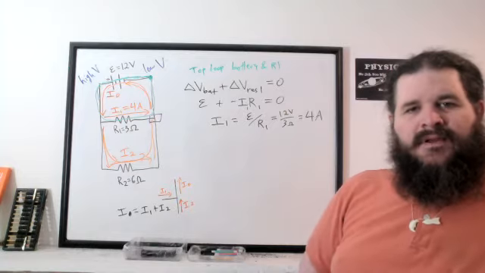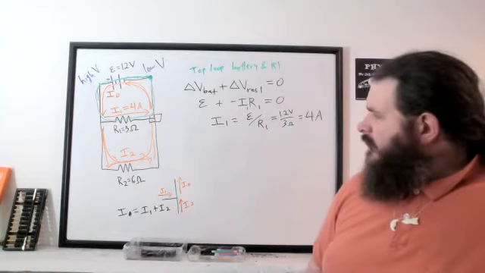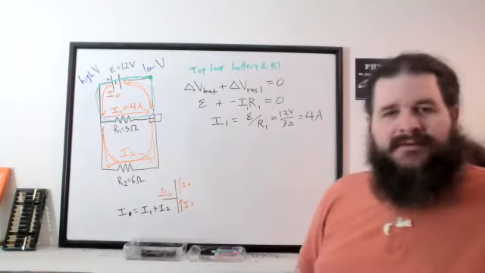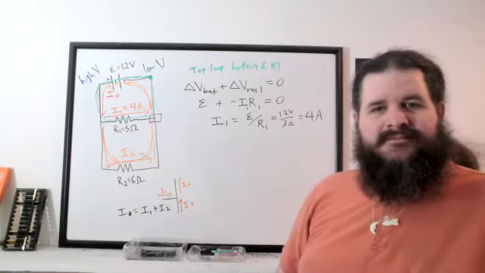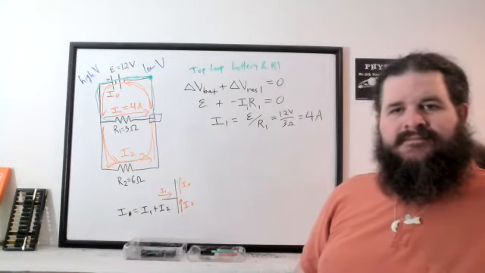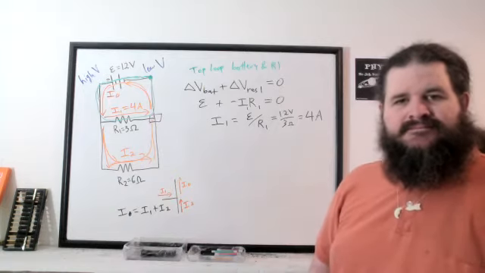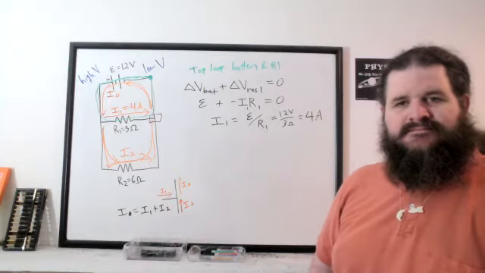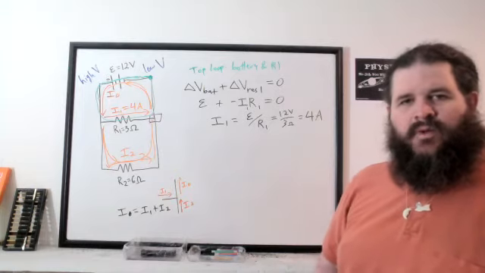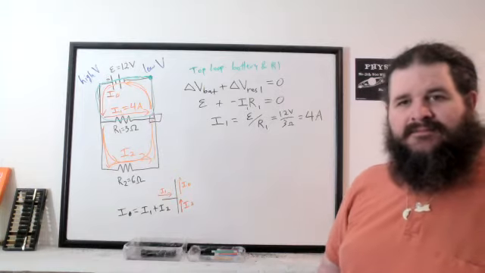Then any thoughts on how we could figure out current 2? What's another loop we could draw in?